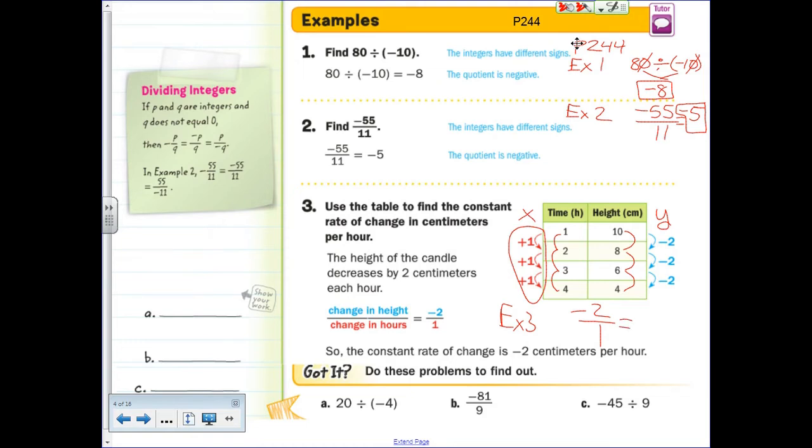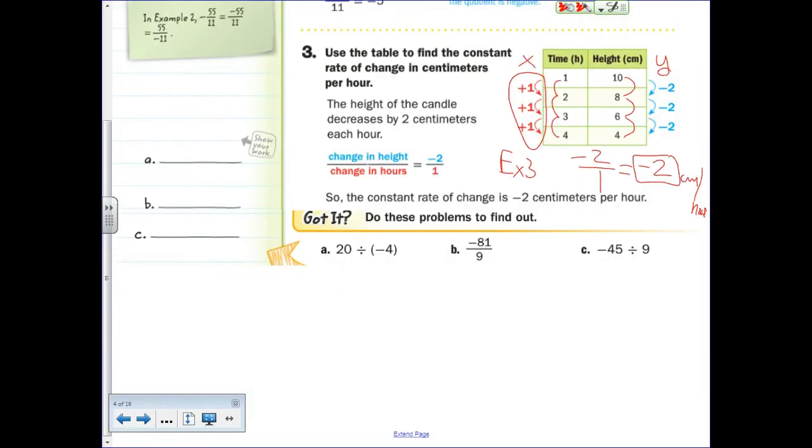Because they're different signs, I get a negative answer, and 2 divided by 1 is 2. So the constant rate of change is negative 2 centimeters per hour. We'll learn more about rate of change later in the year when we go back and do chapter 1. But what I want you to do right now is to pause the recording and go ahead and do problems A, B, and C.